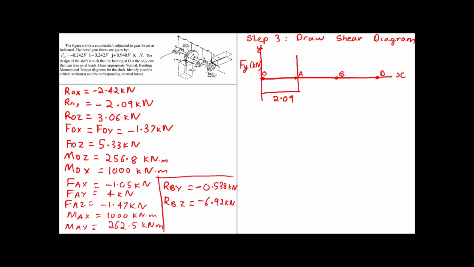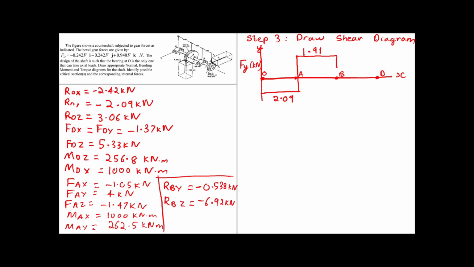So we go up and we come here. This is 1.91, which is minus 2.09 plus 4, which will be 1.91 plus. And then what do we have is RBY, and it is given as negative 0.538. So we need to subtract from here 0.538.